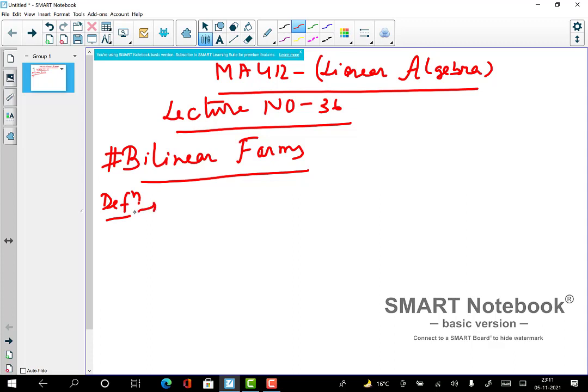Let's define it properly. Let V be a vector space over a field F. I don't care whether it is finite or infinite dimensional right now for the definition.